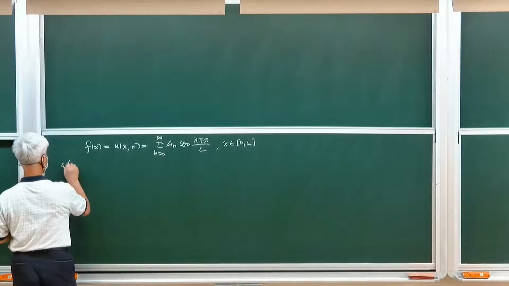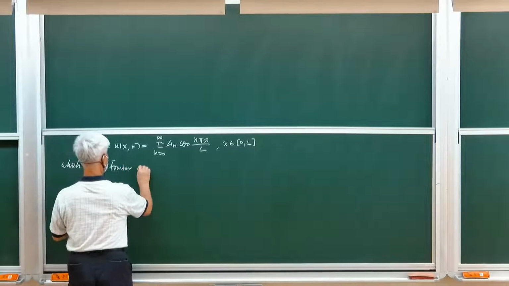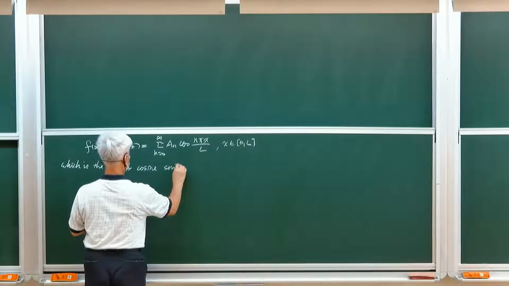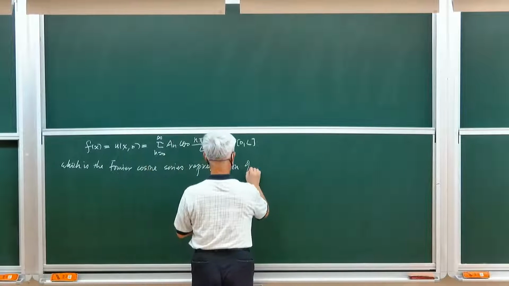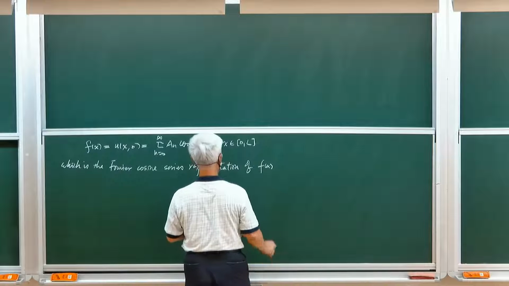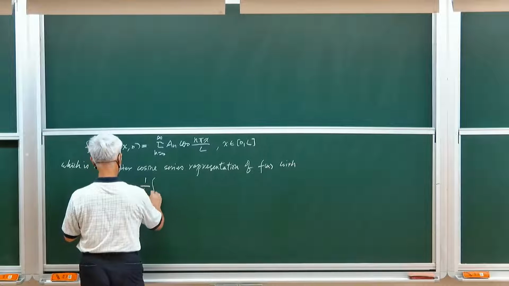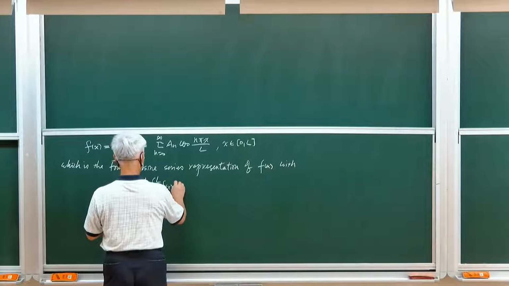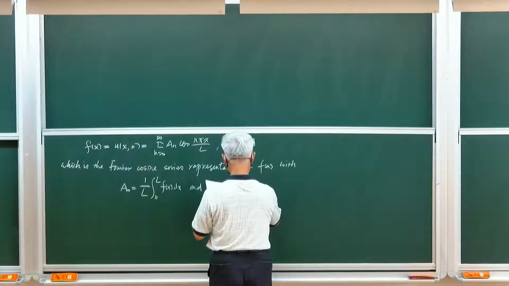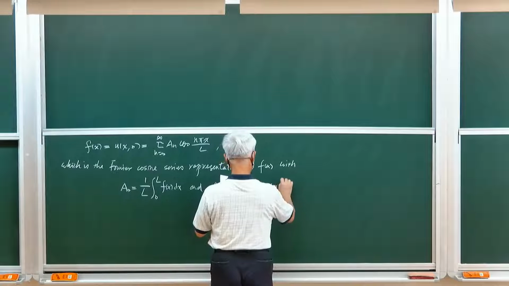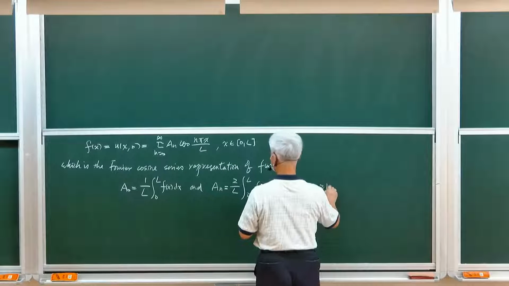And as you can see, this is the Fourier cosine series representation of f(x), with a0 equal to 1 over L times the integral from 0 to L of f(x) dx, and an computed by this integral with cosine of n pi x divided by L dx for n greater than or equal to 1.